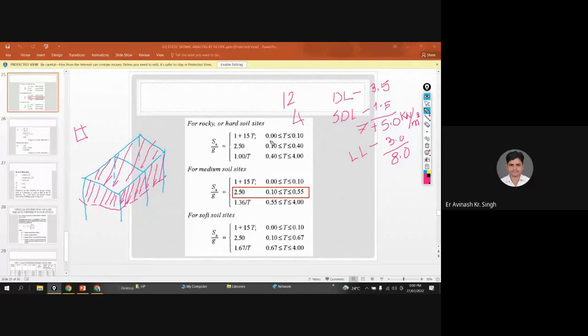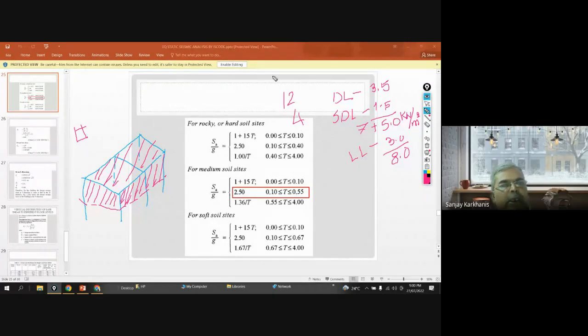Now at terrace, what is happening? At terrace, you are getting only periphery walls and that too of 1 meter height. That's why that is considered as 10.